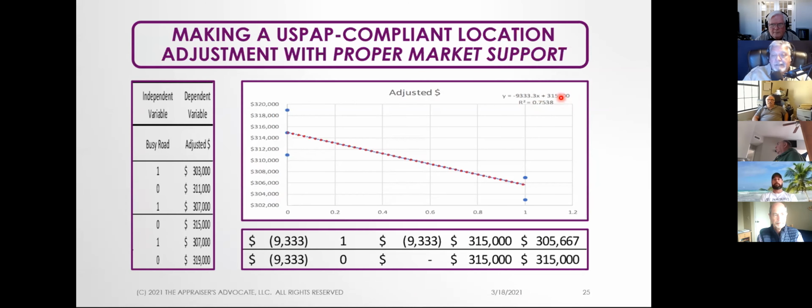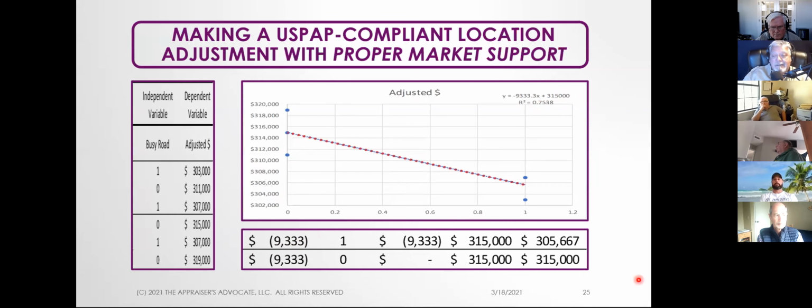And that $315,000 is something the computer generates. We don't have to. What that says is no matter what, a property is worth at least that much money. And then you're going to adjust from that point. So here's the math down here.